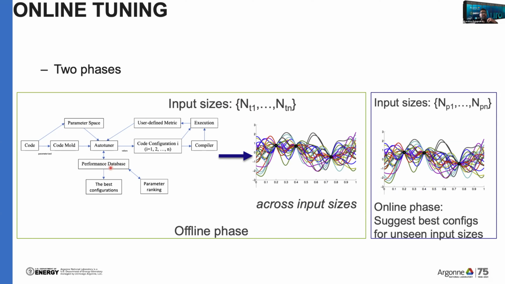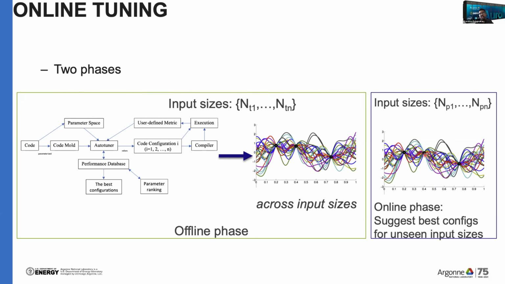Then for each input size, we have all the configurations and results. Once we have the results, we build a meta model across input sizes, and take that meta model online.